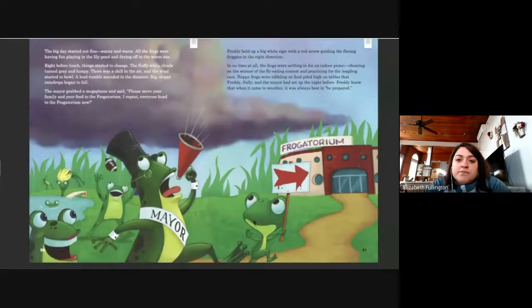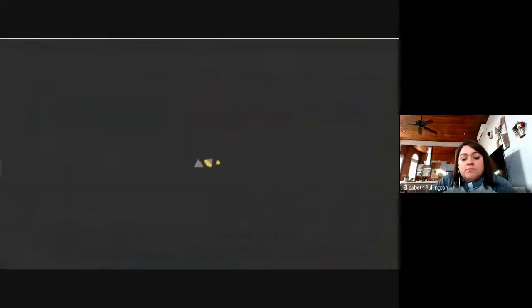In no time at all, the frogs were settling in for an indoor picnic, cheering on the winner of the fly eating contest and practicing for the leapfrog race. Happy frogs were nibbling on food piled high on tables that Freddie, Sally, and the mayor had set up the night before. Freddie knew that when it comes to weather, it was always best to be prepared.